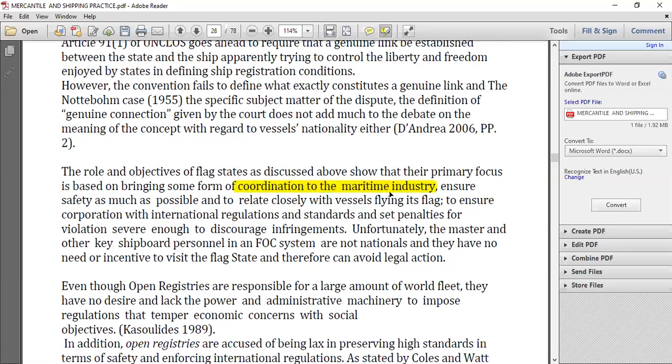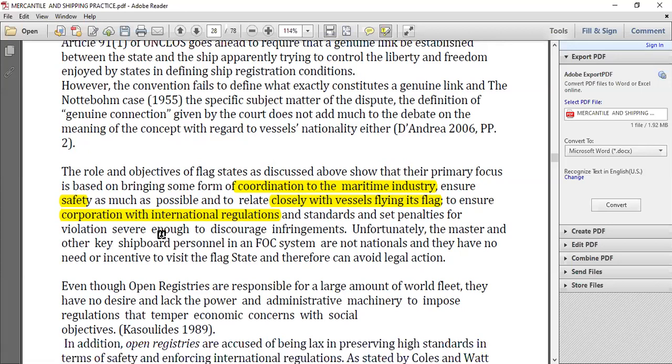They ensure safety as much as possible, and relate closely with the vessel flying their flag. They also ensure cooperation with international regulations and standards, and set penalties for violation severe enough to discourage infringement.